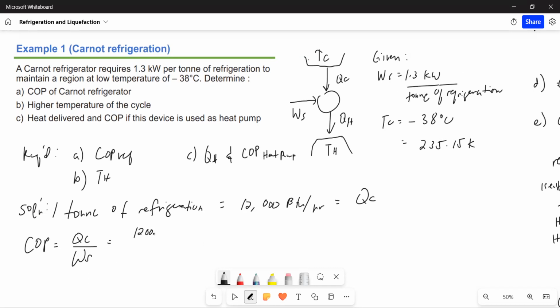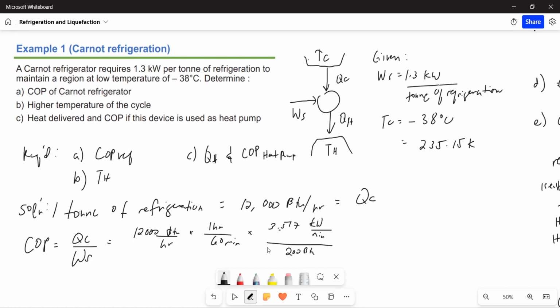We write that 12,000 BTU per hour multiplied by 1 hour is 60 minutes, times the conversion factor 3.517 kilowatt per 200 BTU per minute.